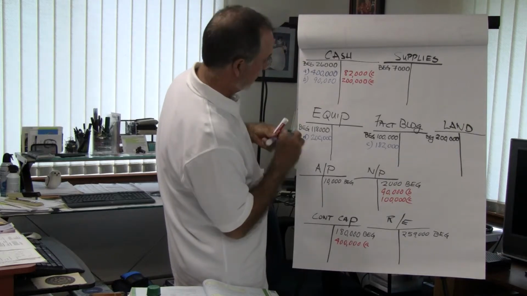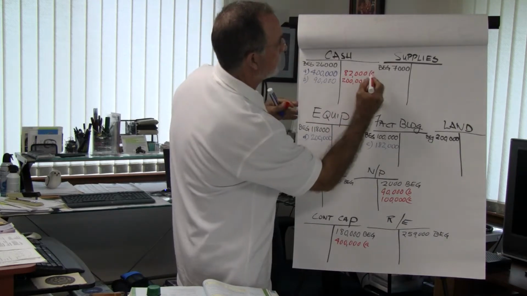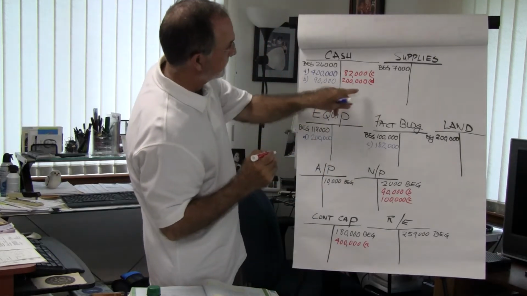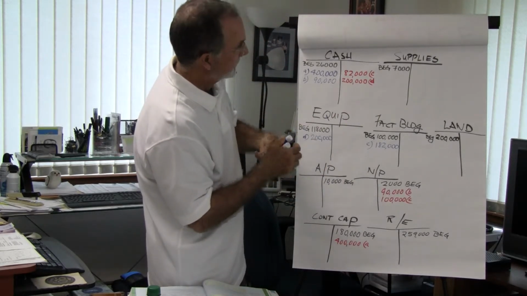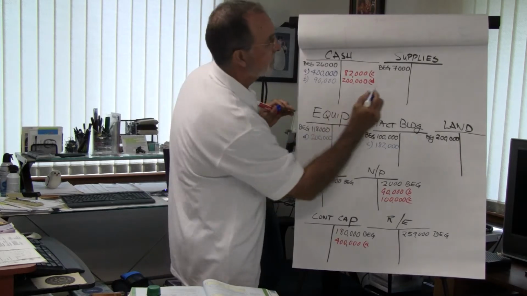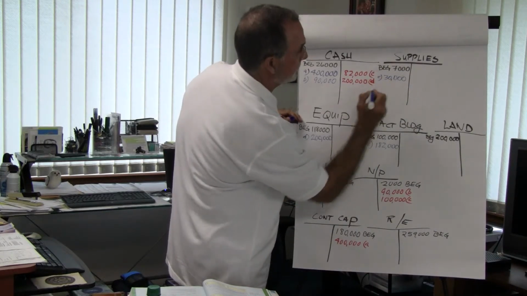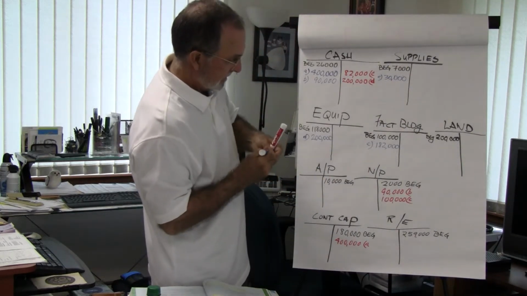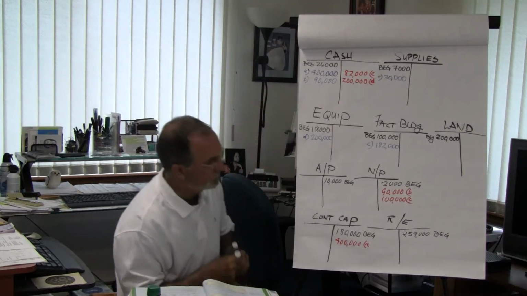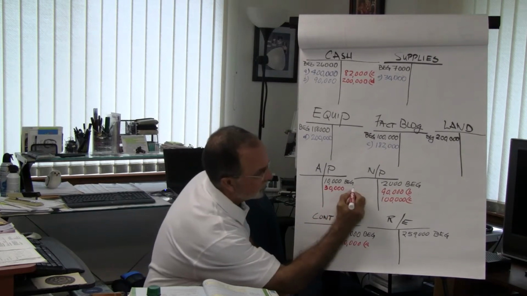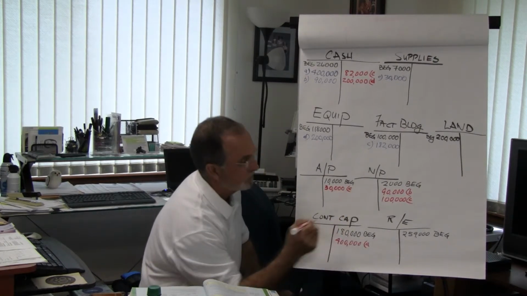That was transaction D. I showed that as E. So I'm going to change those two letters to D. And transaction E, we are adding $30,000 to supplies with a debit, and adding $30,000 to accounts payable with a credit.